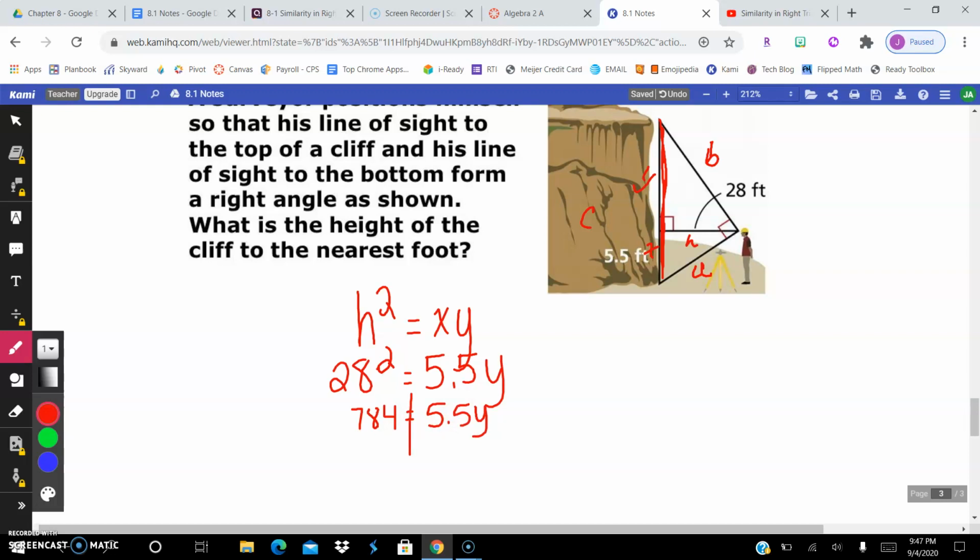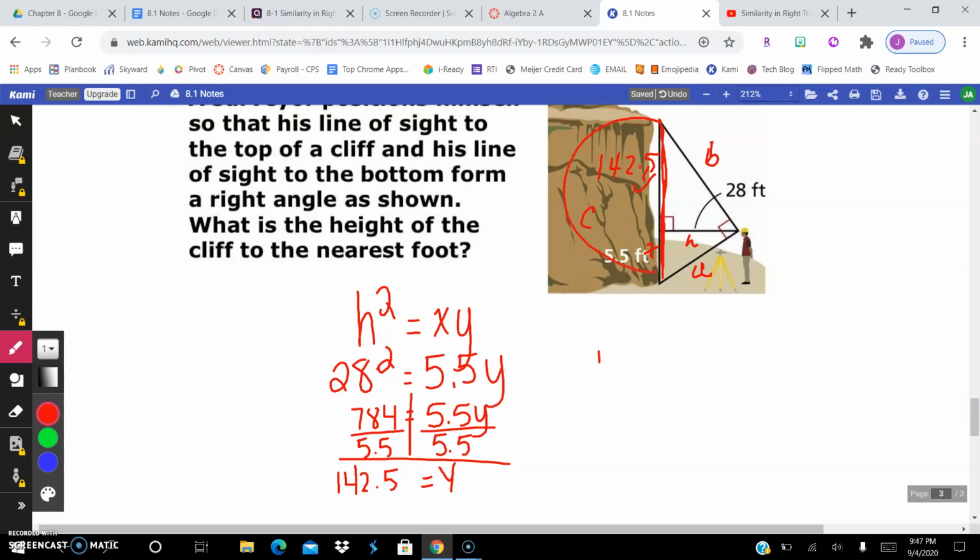5.5 times y on that side. We're going to have to get rid of that 5.5, so we're going to divide because that's multiplication there. And when I divide that out, I get about 142.5 if I round to the nearest tenth. So now this y value is 142.5, but they asked us what is that whole distance there.